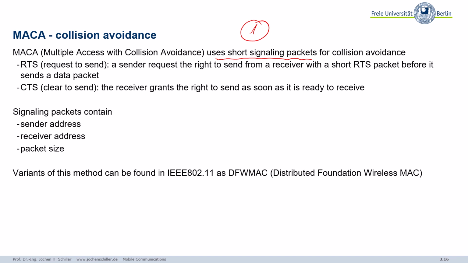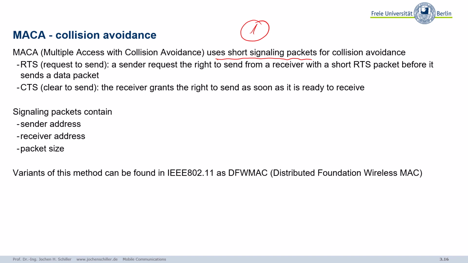I will show you the scheme using figures again, similar to the ones I showed you already when I introduced hidden and exposed terminals. But interesting here is now we introduce two new packets, a so-called RTS, request to send, and a clear to send, CTS.